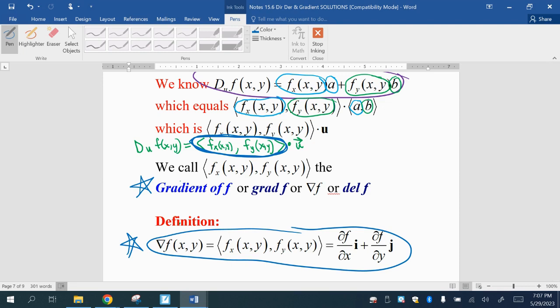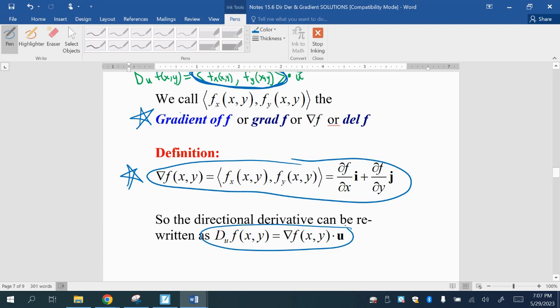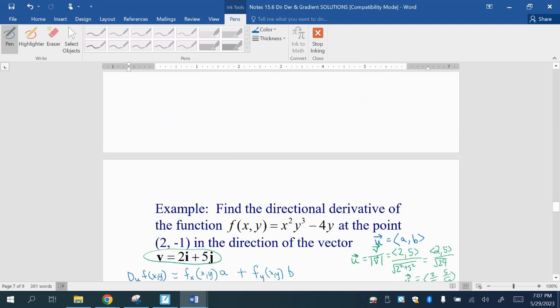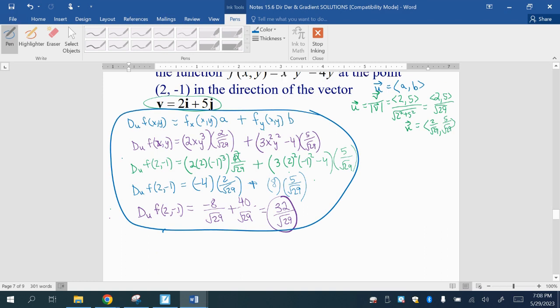Very important. We can also, as we talked about before, write the directional derivative as the gradient dot the unit vector. So now let's go back to this last problem, and instead of doing it using this older method, we could actually do it by using the dot product.